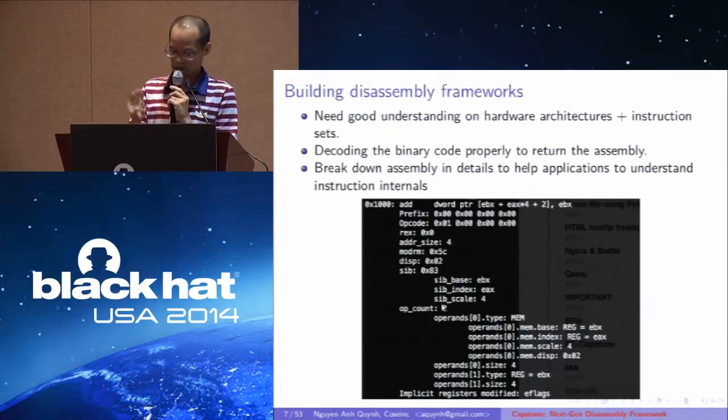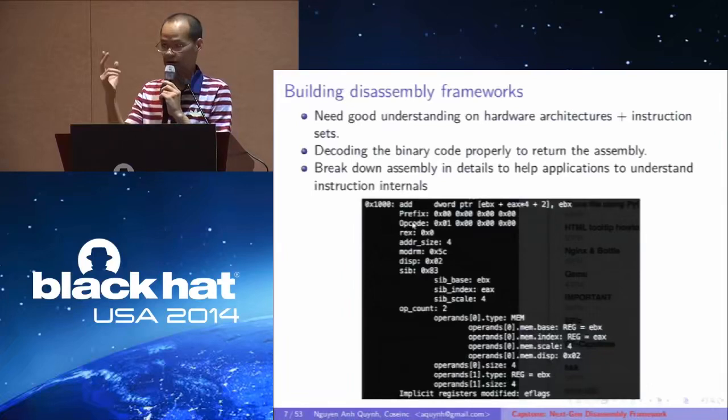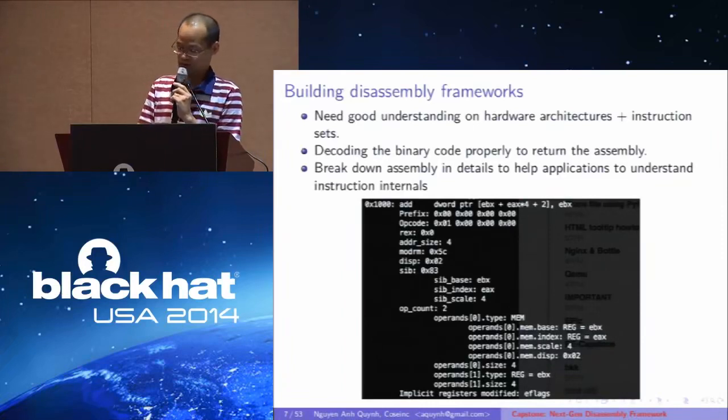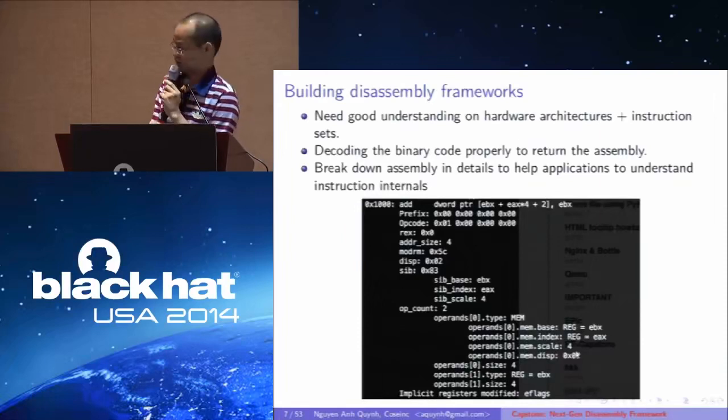And the engine should tell me that this instruction has 2 operands. The first one is here, the pointer to memory. The second one is the register, right? So it should tell me that the first operand is a memory type, which has a base EBX and an index EAX. And in this case, EAX is multiplied by 4, so the scale is 4.